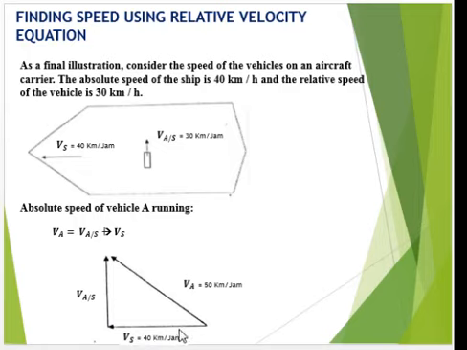If the x-axis has 40 km per hour and the y-axis has about 30 km per hour, we can measure this line, and then we have the result: the absolute speed of the vehicle or aircraft is 50 km per hour. We can use the Pythagoras method or just measure this line also.